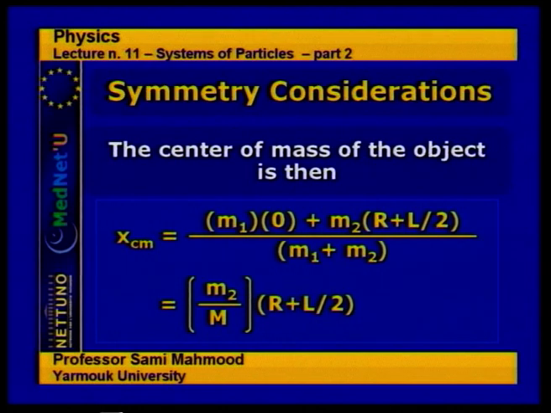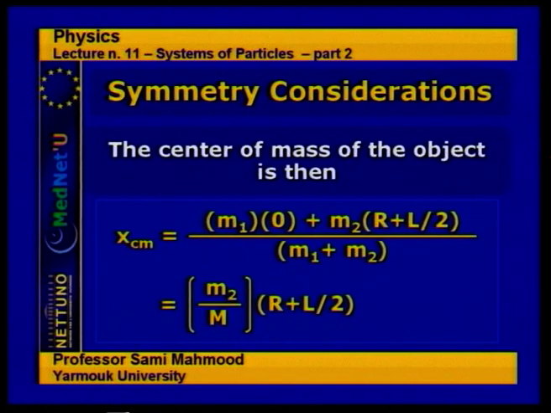We have demonstrated that we have solved the problem very accurately and in a very simple manner, just by using the symmetry considerations. Just for consistency, check the units on the left side and on the right side of the equation. On the left side, we have x center of mass, which should have units of length or meter in the international system.